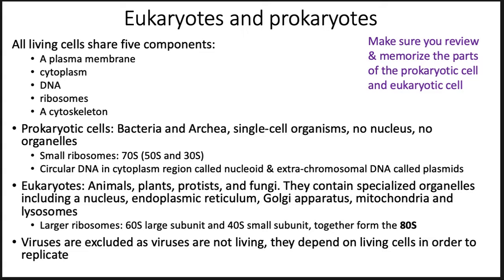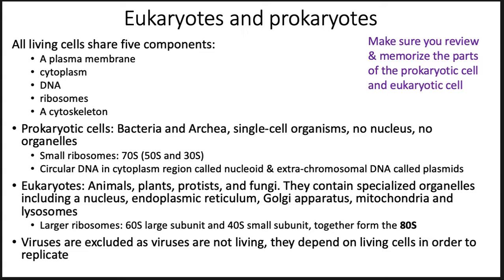It's going to have cytoplasm. It's going to have genetic material called DNA. And it's going to have ribosomes that enable the cell to make proteins, remember. And then, of course, some type of cytoskeleton, whether that be very simple, like you see with prokaryotes, or more advanced, like you see with eukaryotes. Okay, so those are the basic components of all cells.